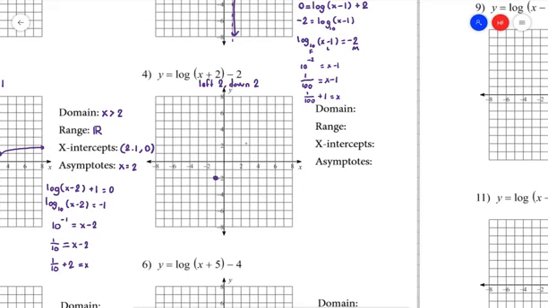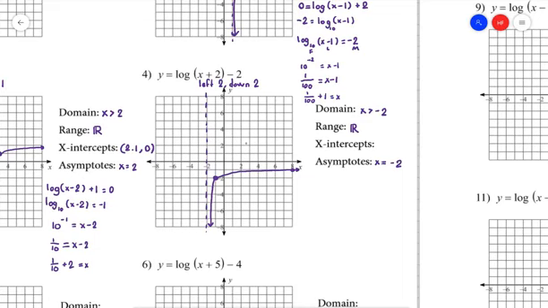So we're going to move (10, 1) to the left 2, which leaves me at 8, down 2, which leaves me right there. So this one actually fits on the graph. Our asymptote moved to the left 2. Domain will be everything greater than -2. Range, we're going to hit every single y very slowly but surely. Asymptote will be x equals -2.